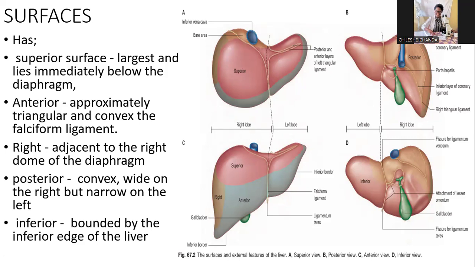It is in contact with the right kidney, the right adrenal gland, and the hepatic flexure of the colon.